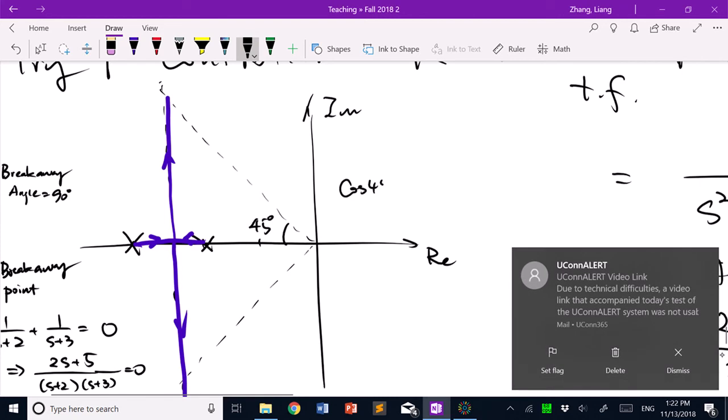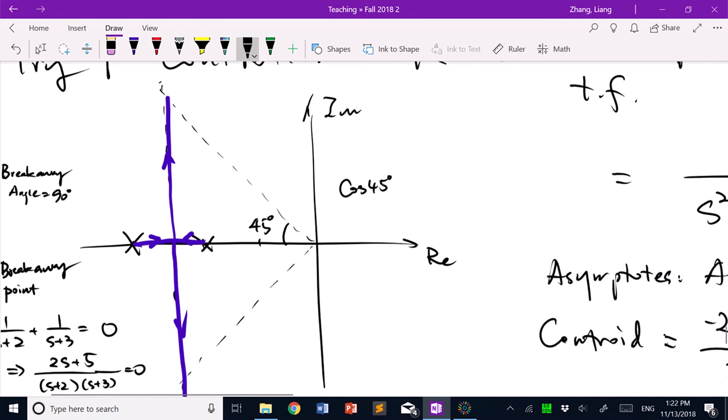And cosine 45 degrees is equal to square root of 2 over 2, or 1 divided by square root of 2, and this will be the zeta we're looking at.